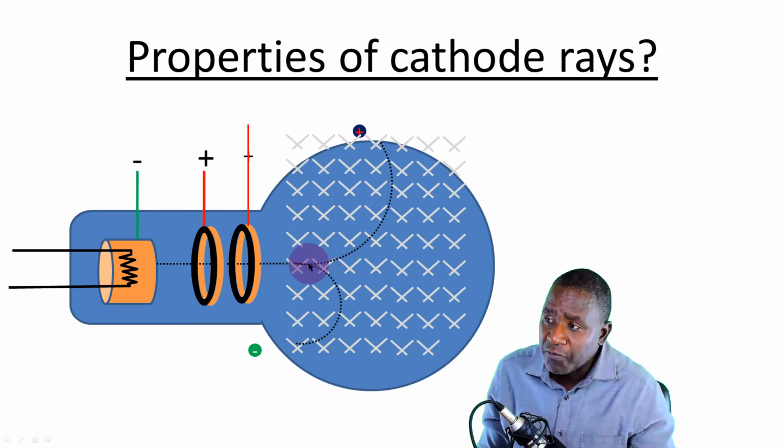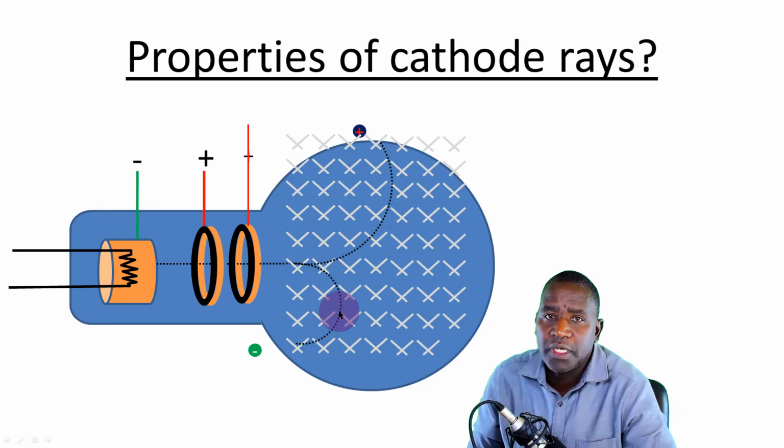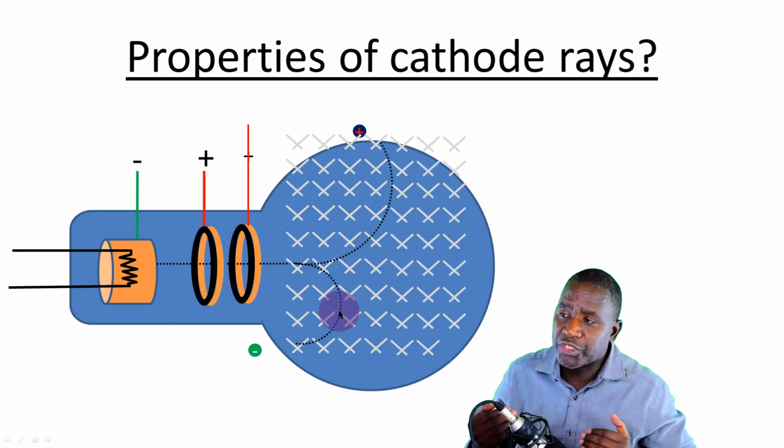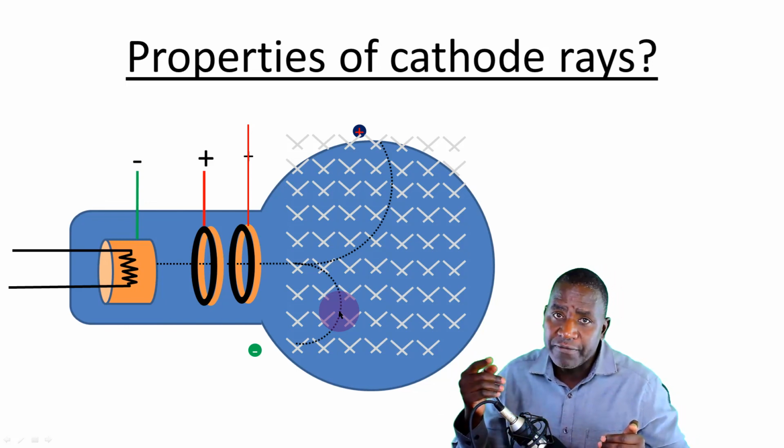And you can see, for example, if both particles were here, the proton just undergoes that amount of deflection. The electron undergoes this greater deflection. So the proton undergoes less deflection because it is heavier than the electron. And that is all we can say about the deflection of cathode rays in magnetic fields.